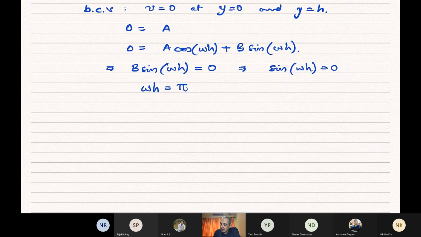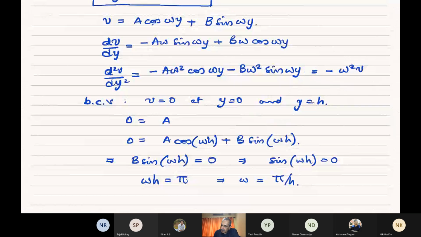The reason I say this is because, of course, I can write it as n pi, but what we expect is that we'll not have a fluctuating temperature profile inside the system. We expect that at the most there can be one peak, and that's why we take only the first root. And so we get omega h is equal to pi, and so omega is equal to pi by h.